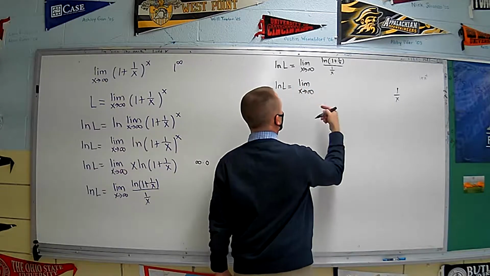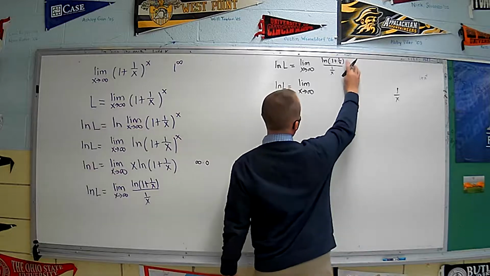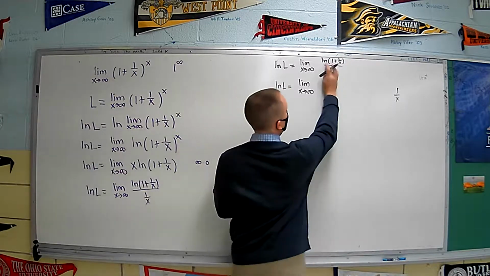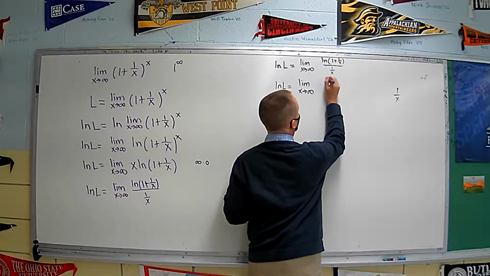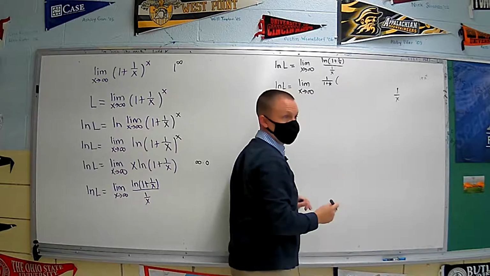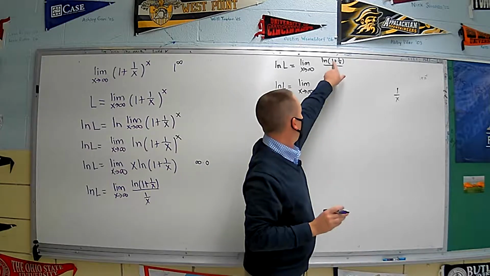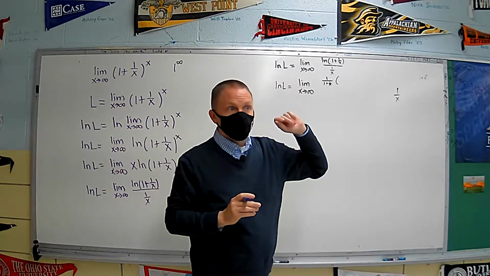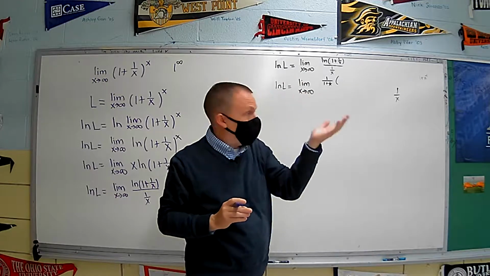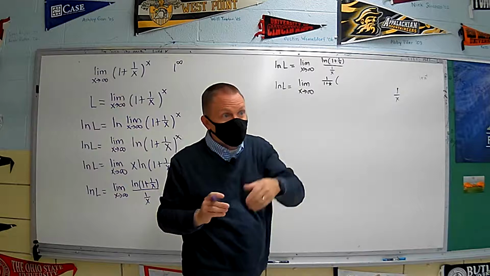So this problem is now equivalent to, what's the derivative of the numerator? What's the derivative of natural log of 1 plus 1 over x? Well, it's 1 over 1 plus 1 over x times the derivative of the inside. The derivative of 1 is 0, but what's the derivative of 1 over x, Samuel?